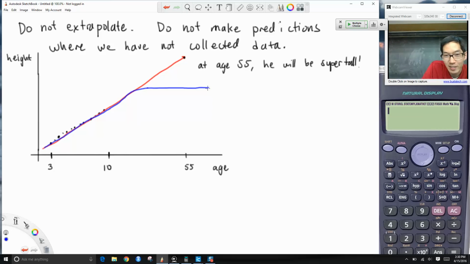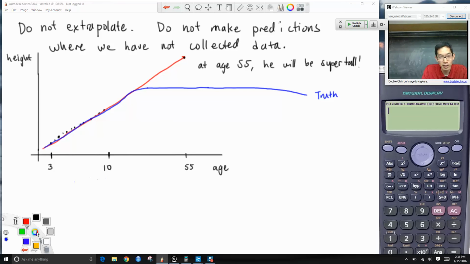And maybe at an old age we decline a little bit, okay? So the truth is it's kind of something like this, right? And so even though we see a strong linear pattern in the early years of childhood, it would be incorrect to assume that this continues throughout life, okay?